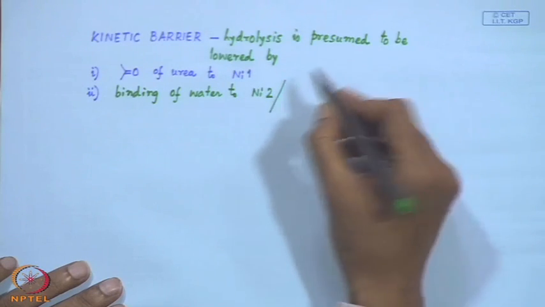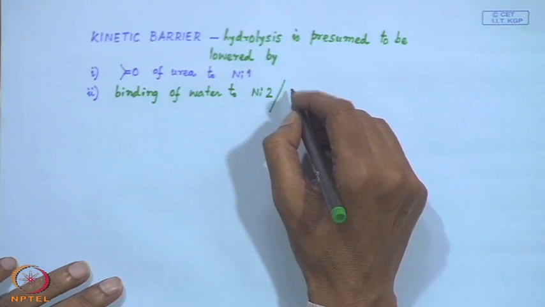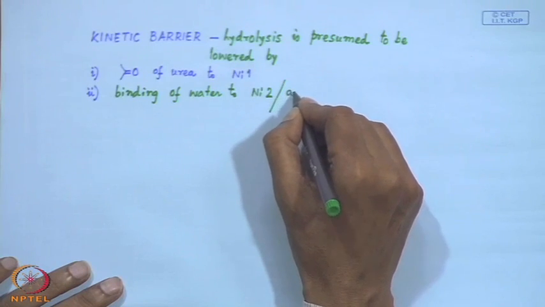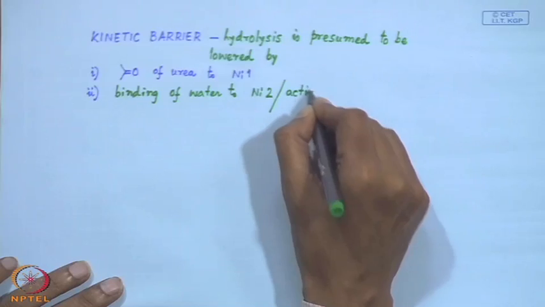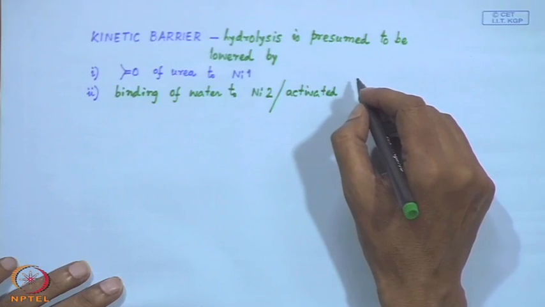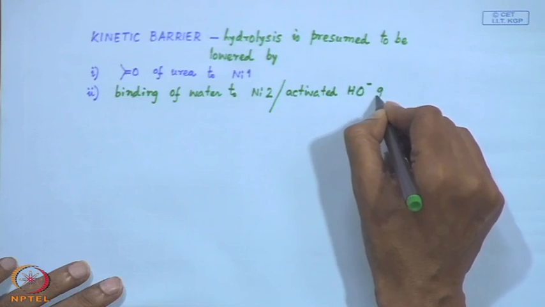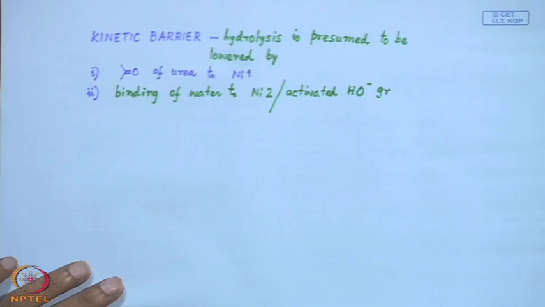When it is bound, the water can undergo deprotonation and you can have an activated species, meaning the nucleophilic activity is increased, you have an activated OH minus group in your hand for the reaction.